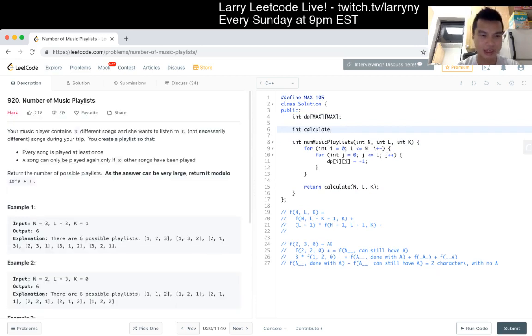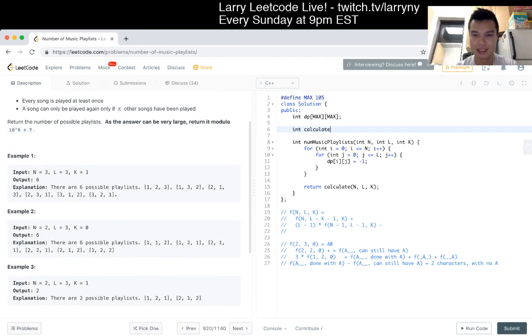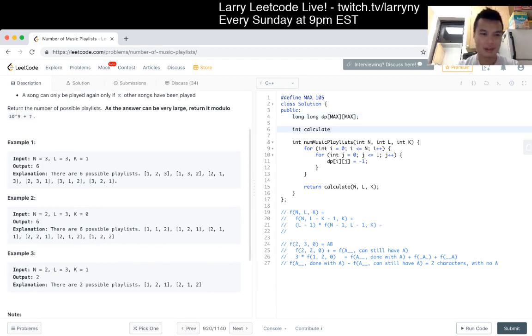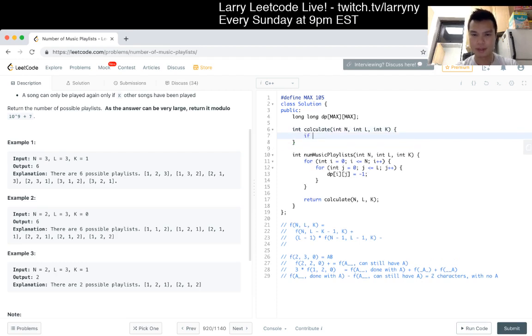Was it 10 to the 9th? That's also a little weird, but we should use long as intermediates just in case we overflow by accident. And k is always a constant.